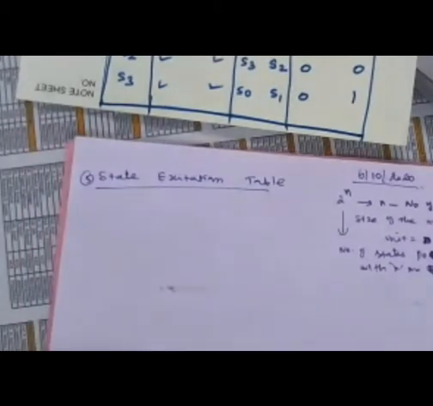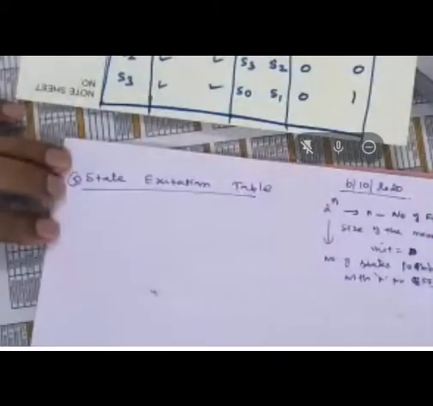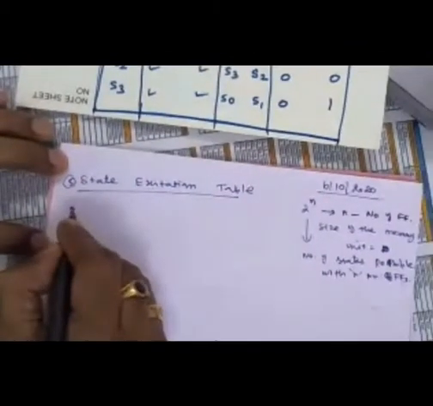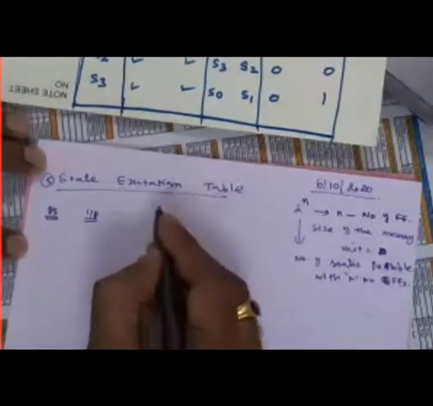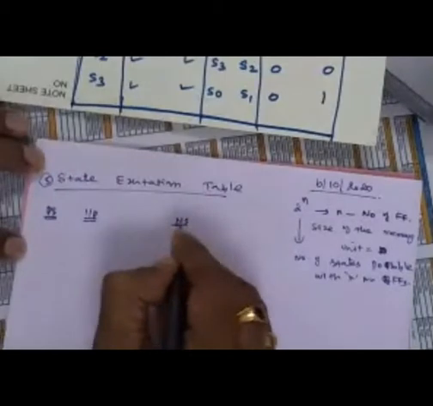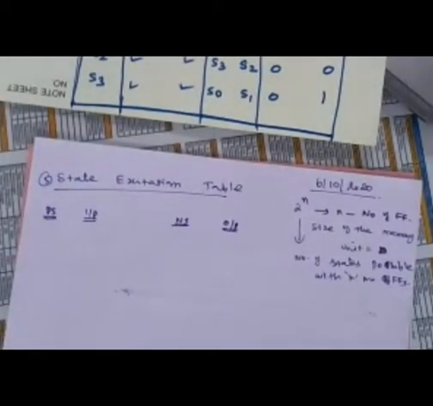If you expand this table, I'm writing something like this: present state, input, and then next state, and then output. So this is the formulation of the state excitation table.